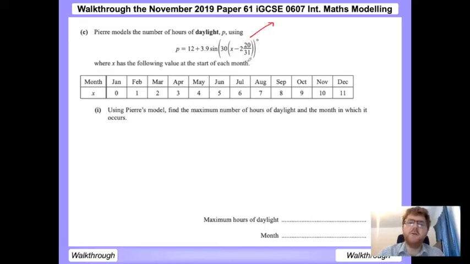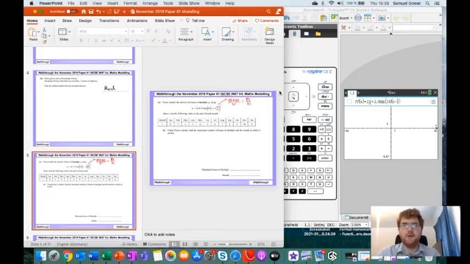So we do 31 times 2, that gives us 62. Then we add on the 20 and then divide by the denominator. Otherwise your calculator will get confused. So we need to write this in as 82 over 31, not 2 and 20 over 31. So this is why I'm doing this step.